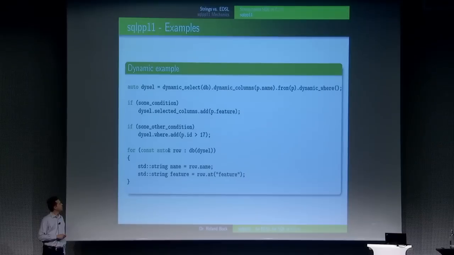That's no problem. But this feature is only added at runtime. So we have to go back to the same approach that the string-based libraries have. Well, we have to look it up via a string, for instance, or we could use an index. Okay.